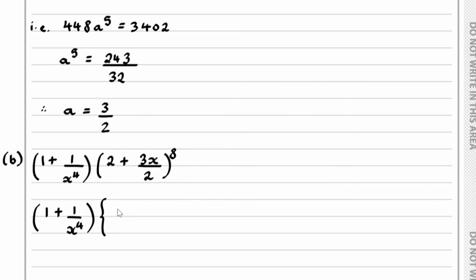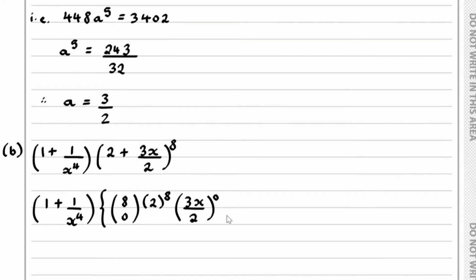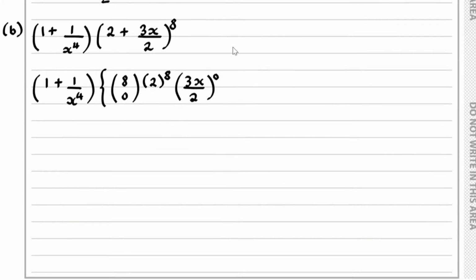The first term is 8 choose 0, 2 to the power of 8, multiplied by (3x over 2) to the power of 0. And then for the next term, 8 choose 1, 2 to the power of 7, (3x over 2) to the power of 1.